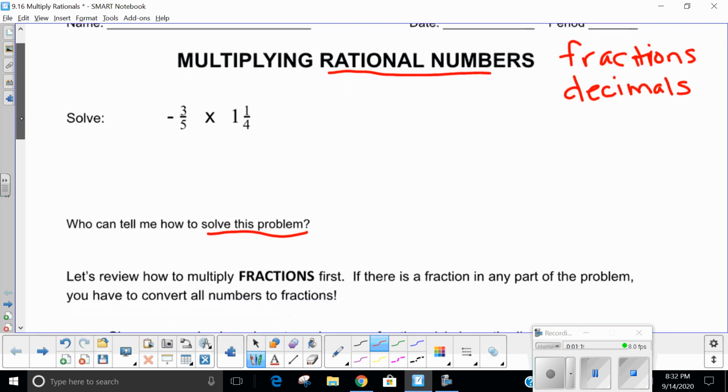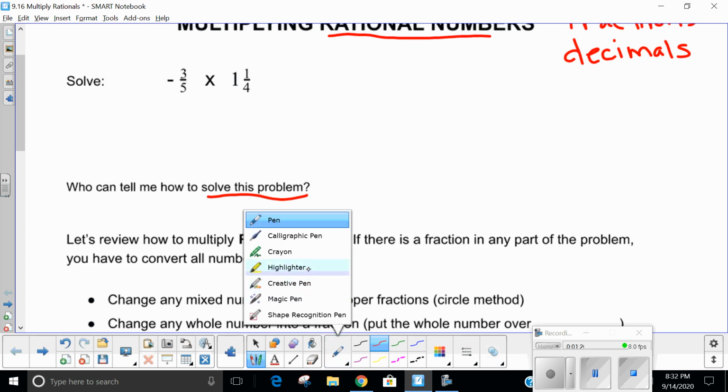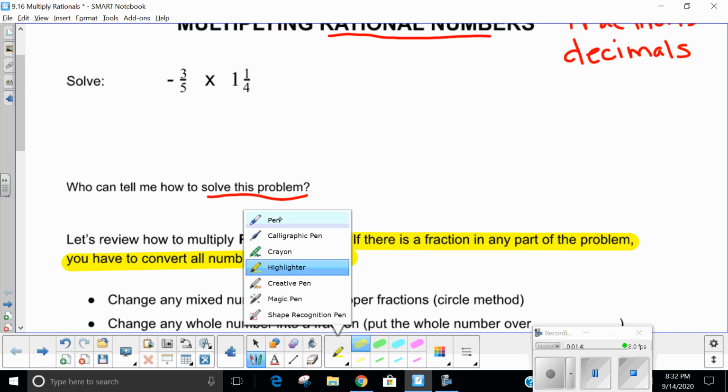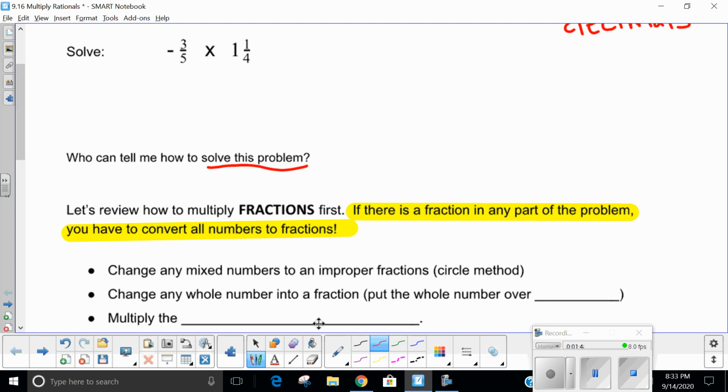We have fractions. So anytime you have fractions, you need to make sure that you turn all of your numbers into fractions first. So if there is a fraction in any part of the problem, convert all the numbers to fractions. So that means whole numbers and mixed numbers. So the first thing we want to do is change the mixed numbers to improper fractions.